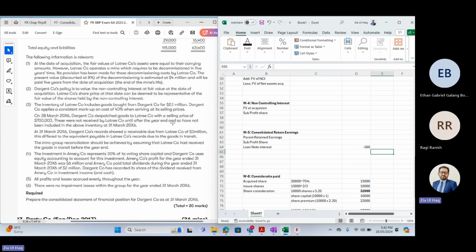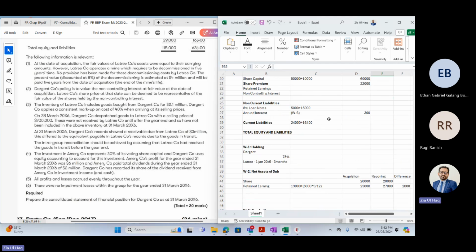No provision has been made for these decommissioning costs by Lateral Company. The present value discounted at 8% of the decommissioning is estimated at 4 million and will be paid 5 years after the date of acquisition at the end of the mine's life. This means property, plant and equipment should be added with this 800.